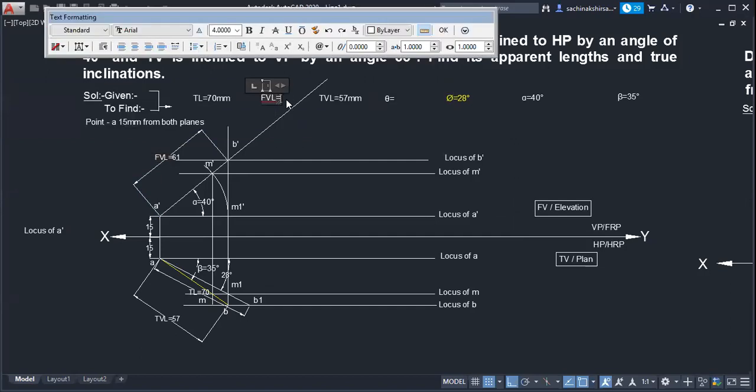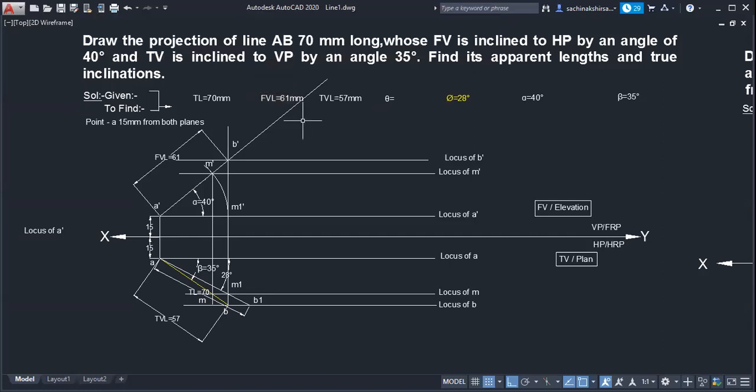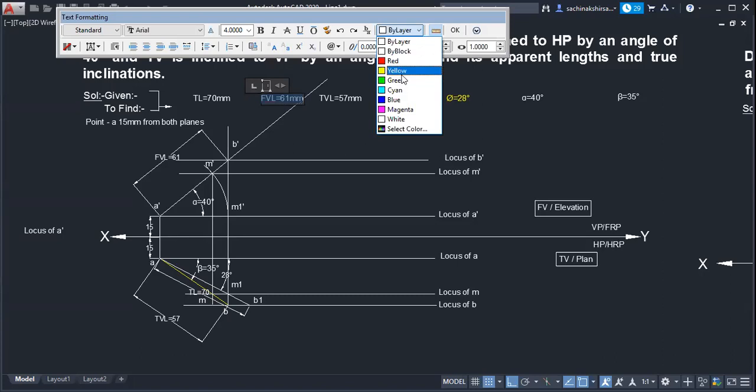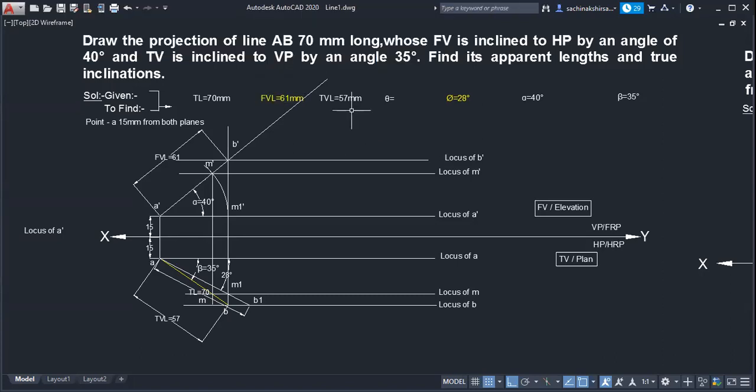Somebody was telling 55, I don't know how. Kunal's answer 51, whose answer was 51 or 53? Lot of variation. Exactly this I was asking at the initial part of this lecture. It should be 61.